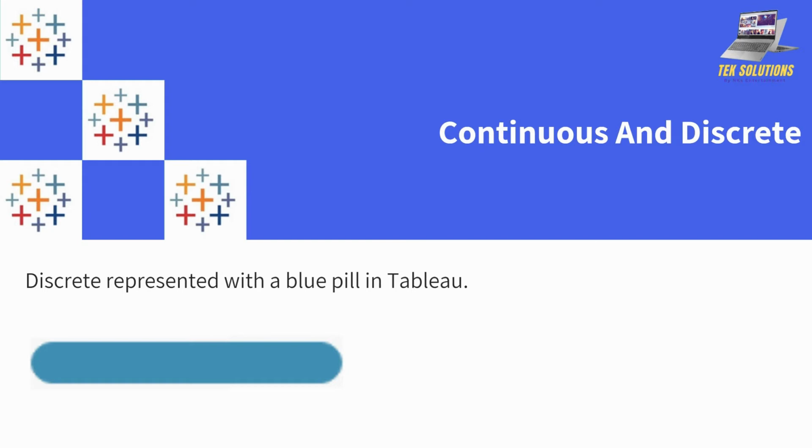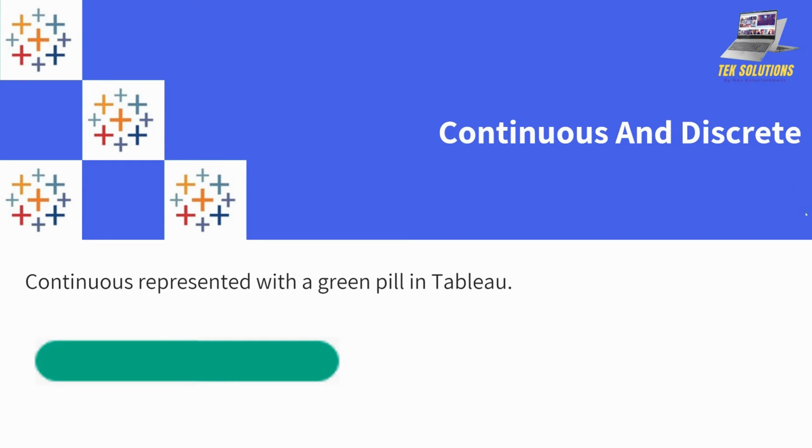Discrete is represented with the blue pill in Tableau, and here comes the concept of blue and green. Continuous is represented with the green pill in Tableau.